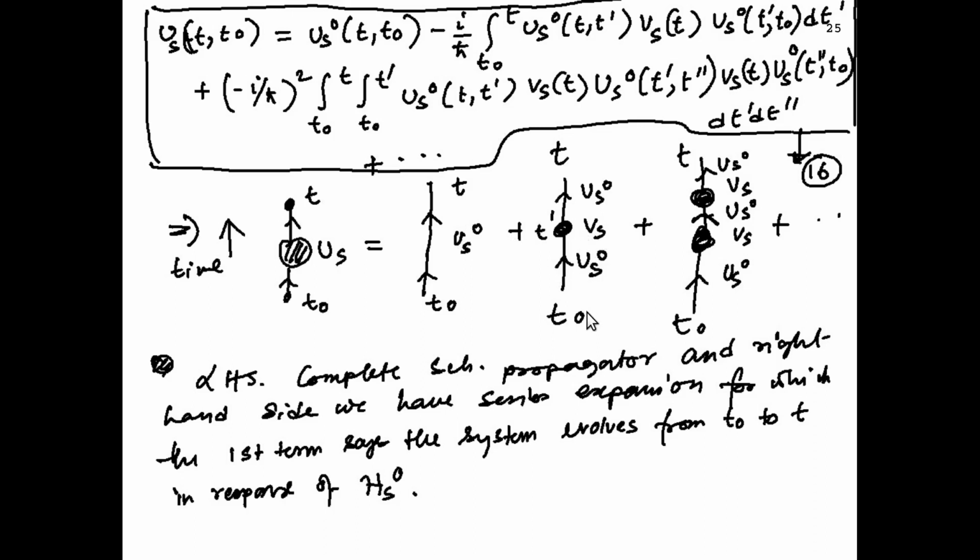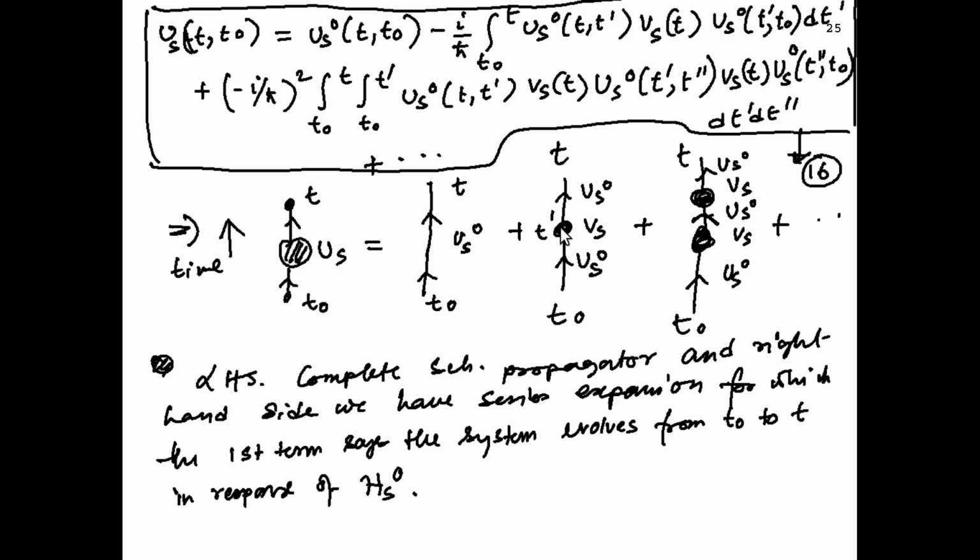Now the second term. Look at what is happening here. You are going from t0 to t prime: U_S0 takes you from t0 to t prime while propagating with the Hamiltonian H0. Then it sees a potential V_S, which is represented by a black dot.